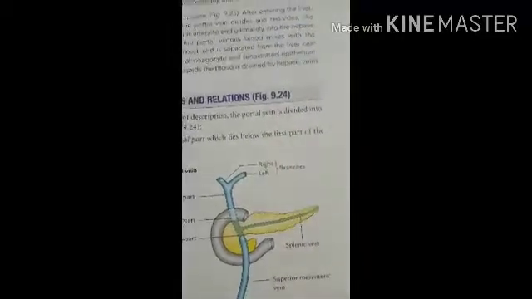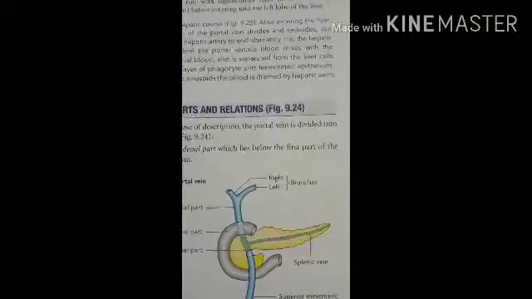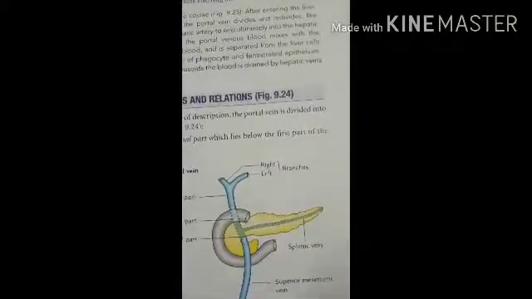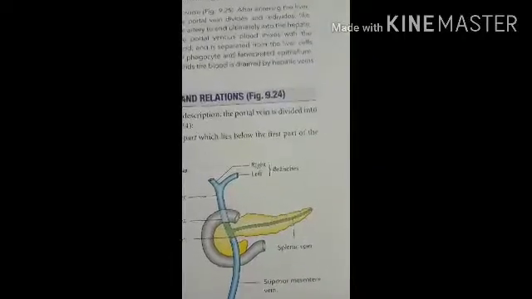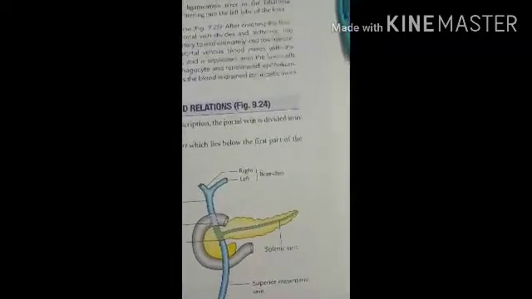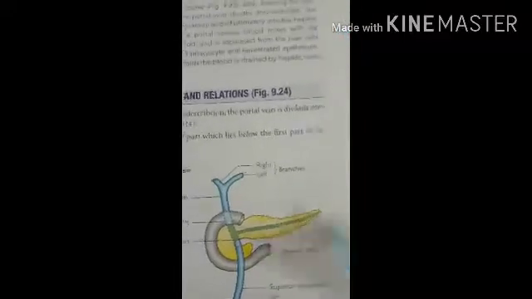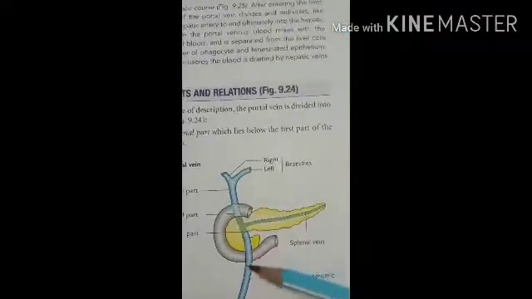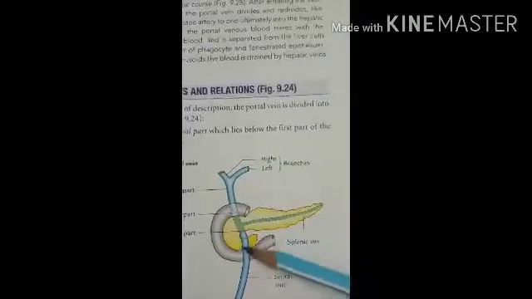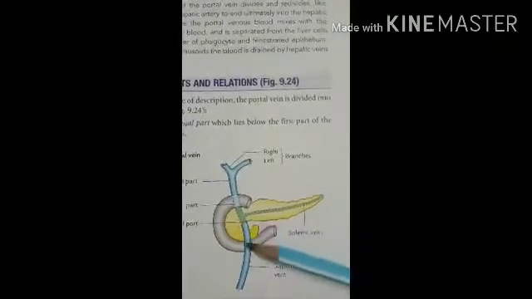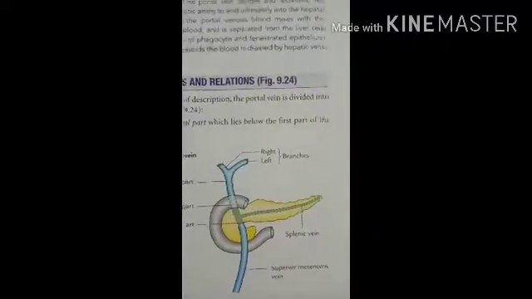Then the parts and relations of the portal vein. First is the infraduodenal part, which lies below the first part of the duodenum. Here you can see this part below the first part of the duodenum.